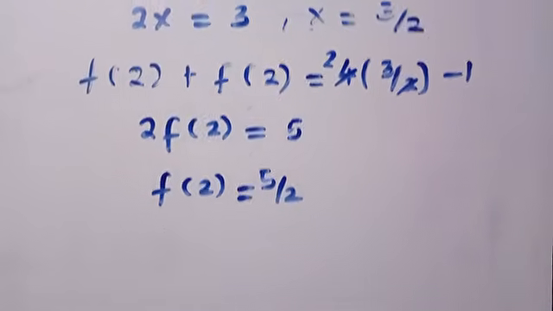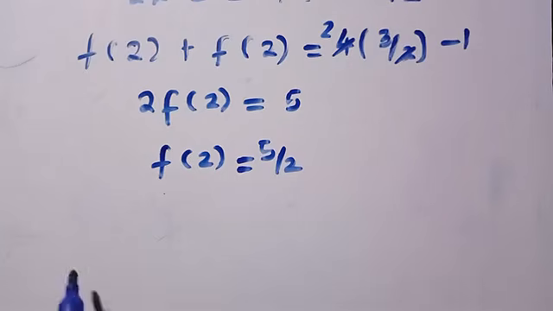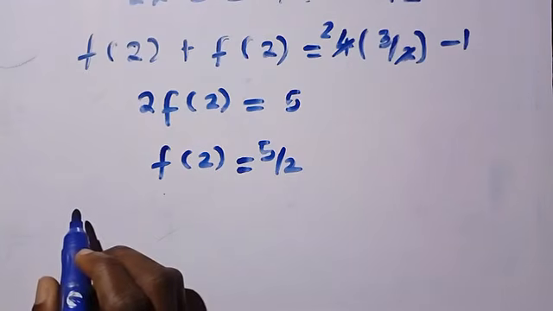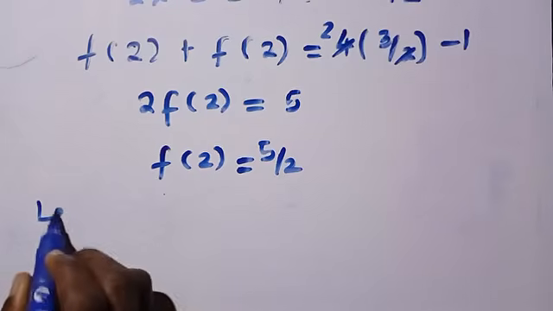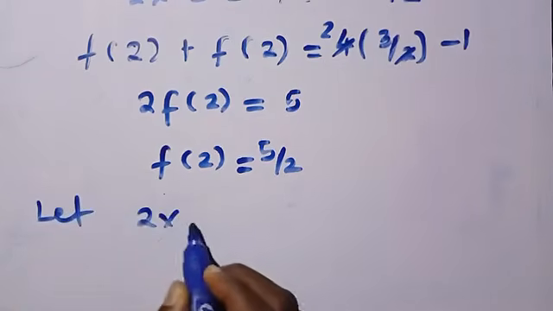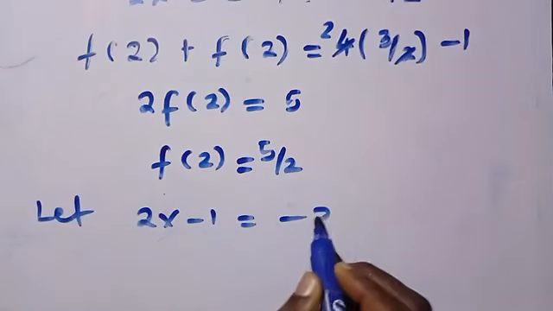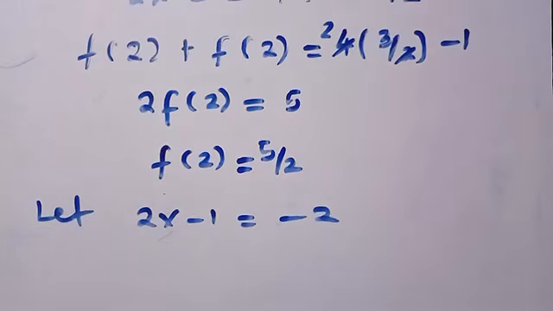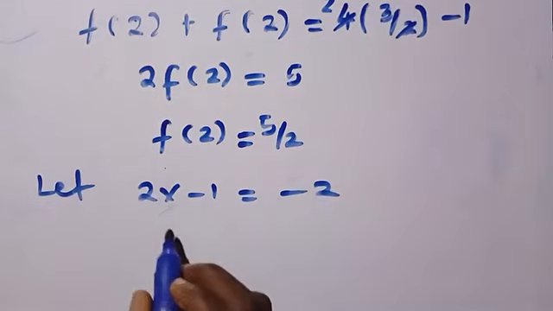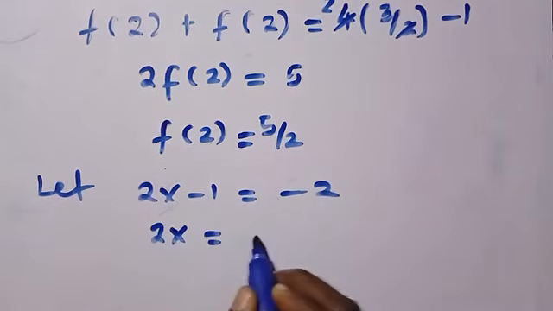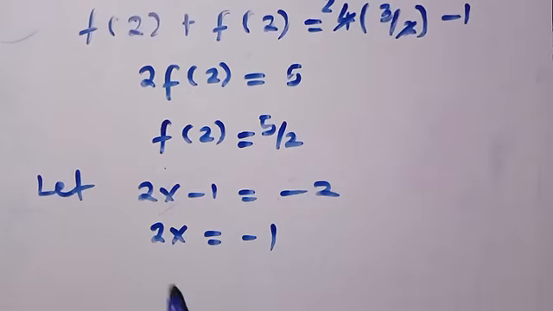After getting f of 2, again, let's try and replace 2x minus 1 with minus 2 by letting 2x minus 1 equals minus 2. And by this, we have 2x equals minus 1 and x equals minus 1 divided by 2.